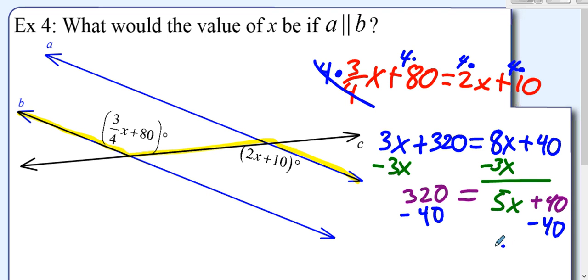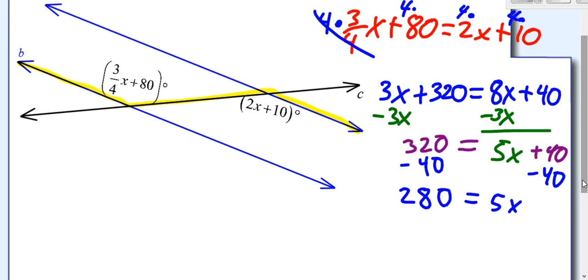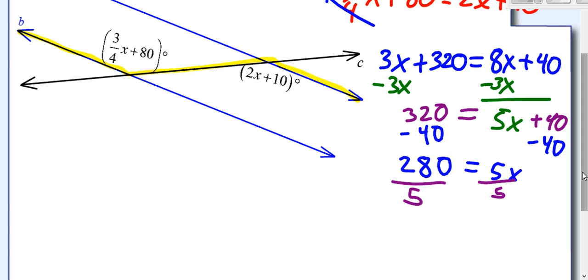So we have 5x equals 280. Divide by 5. You get 56. Maybe you need to pull out a calculator for it, maybe you don't, but the answer is 56.